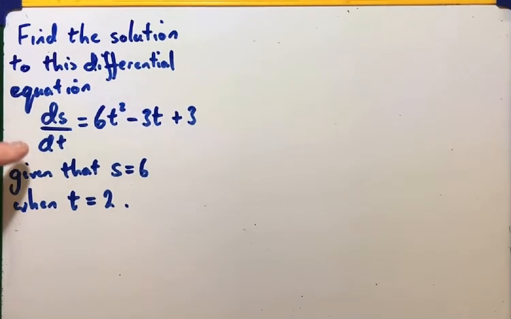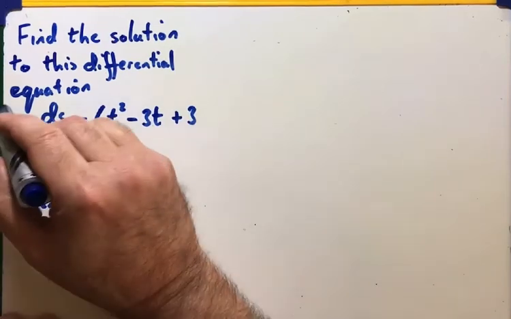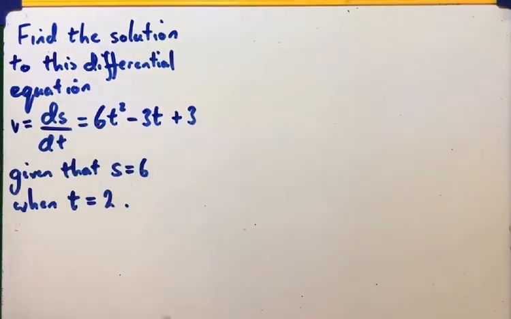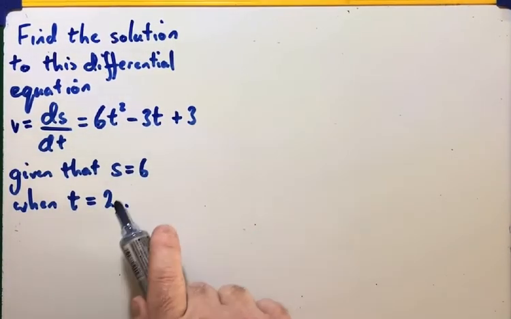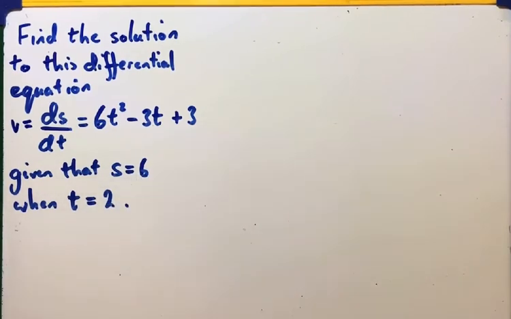So ds by dt in this one would really be the velocity. So if you had an equation for the velocity, but you also knew where it was at a certain time, you should be able to work out an equation for its displacement. So that sort of sets it in context.